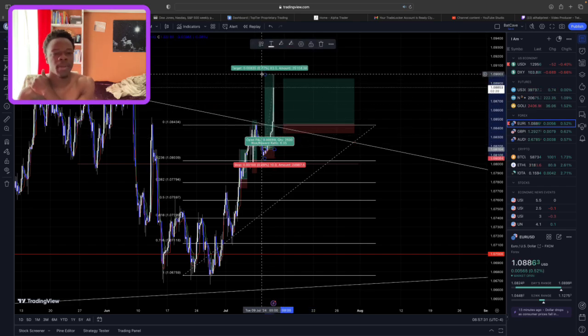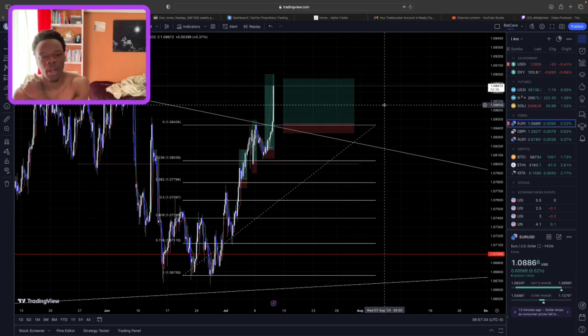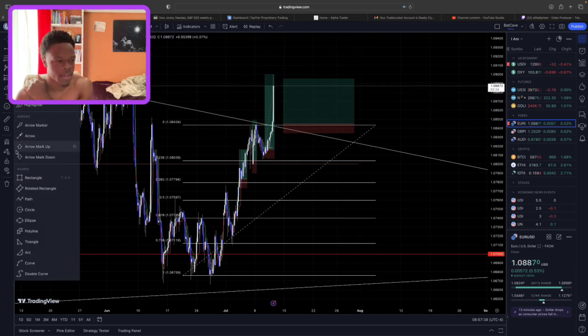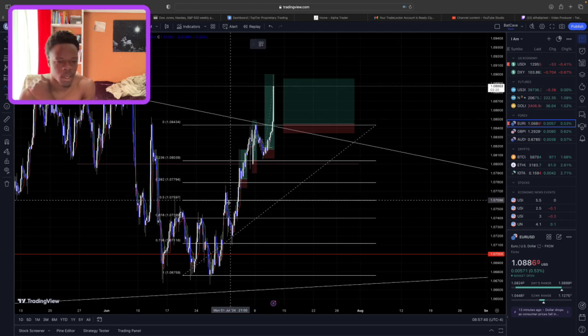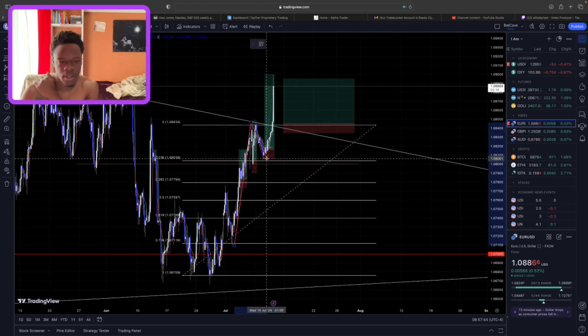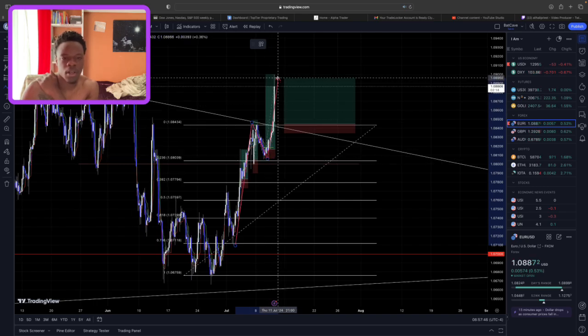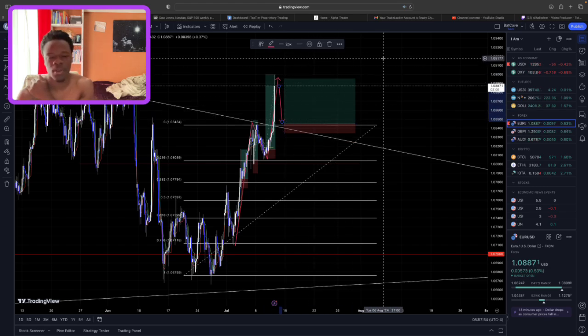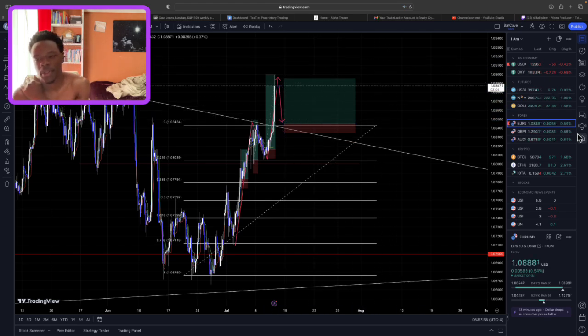So with that being said, I would just look for price action to create a following the high made here, higher low. I would look for price action to make what is now to be considered another higher low, and then I buy in on that position.